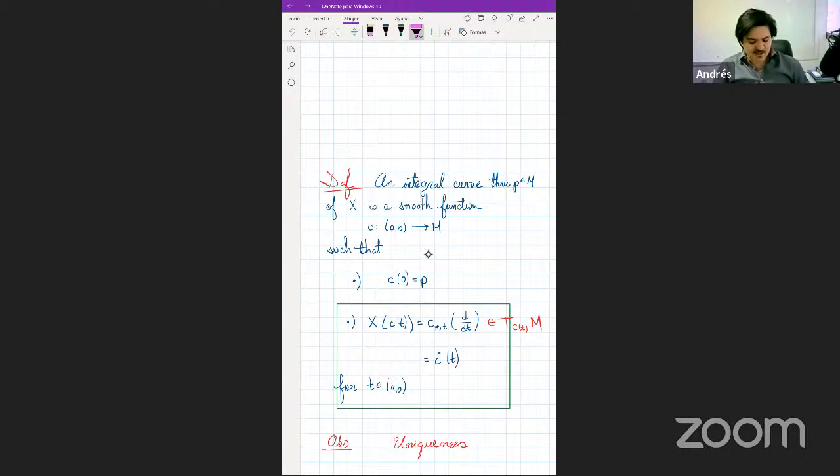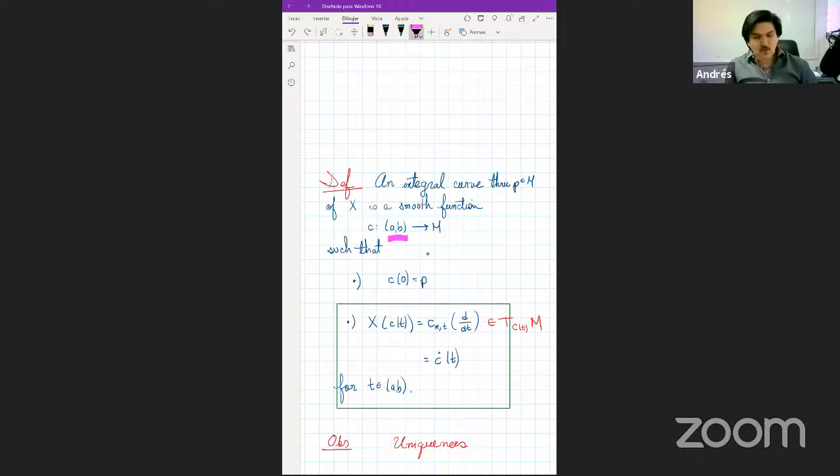So we will require that at time 0, the function equals p. So this will be an integral curve through p. But what is important about this curve is that if I take the derivative, I will get precisely the vector field at that point.